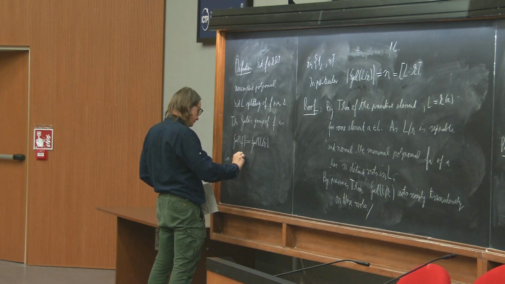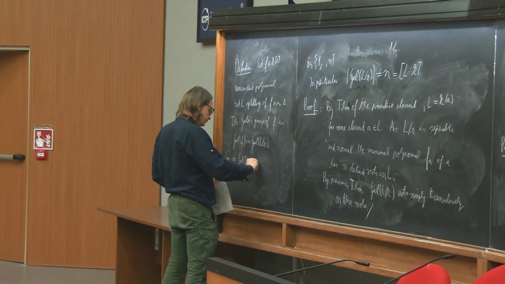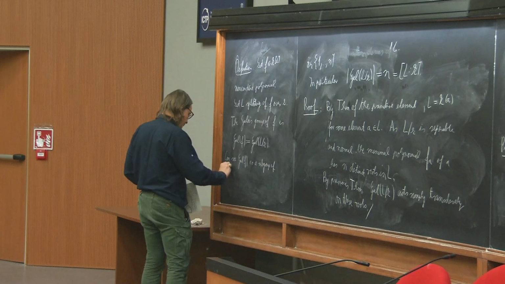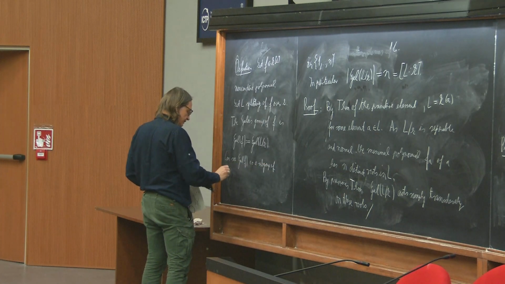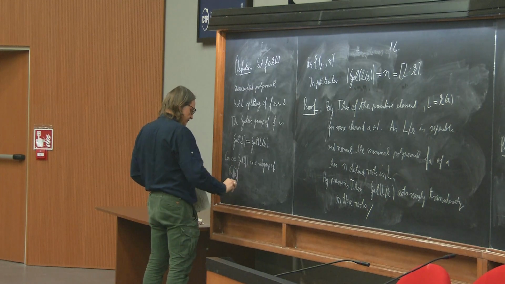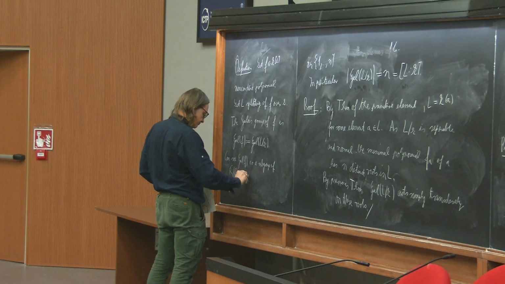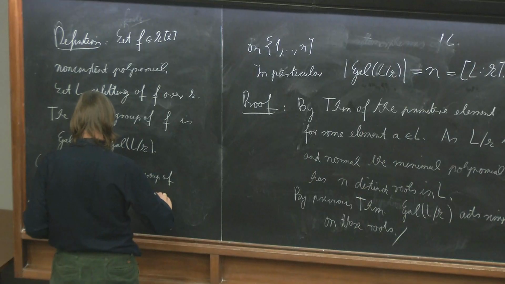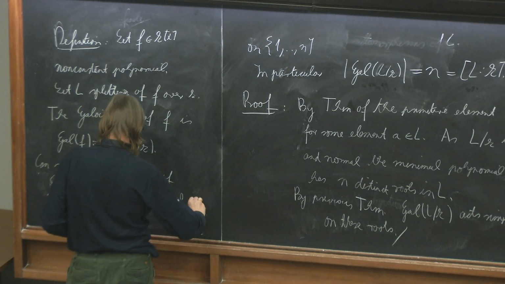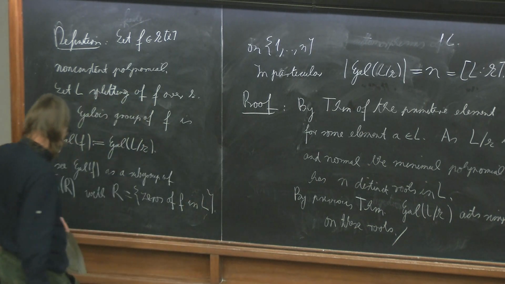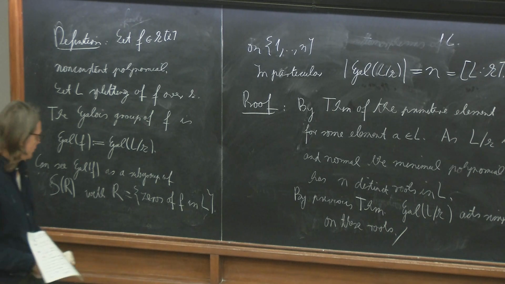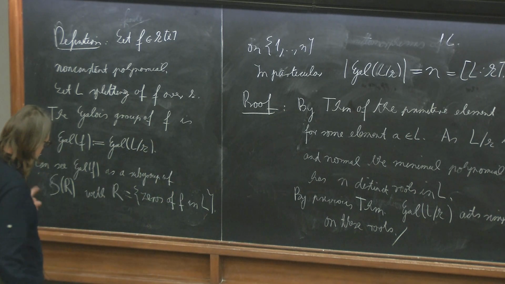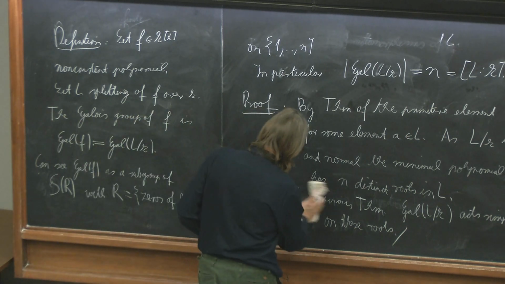The Galois group of f as a subgroup of the permutations of R, where R is the set of zeros of f in L. Okay, so this looks a bit similar to what we did there for simple algebraic extensions, but it actually is different.